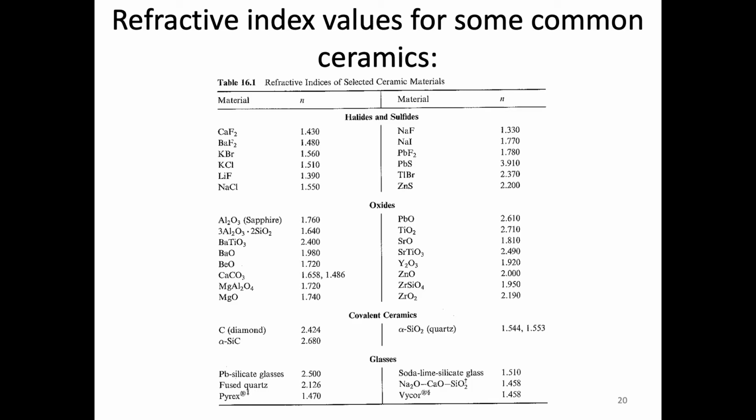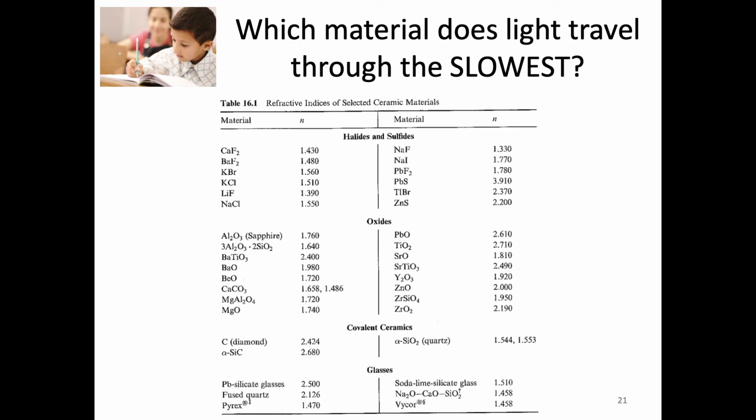And so basically when we want to find the slowest material, all we're going to do is try to find the biggest number here. So if I scan through these, there's a 1 and 2, but we do have a 3.910. So lead sulfide is the material in which light travels through the slowest of all of the ones on this table.